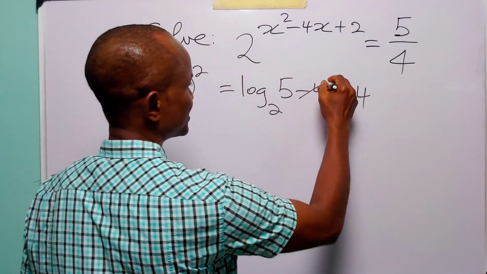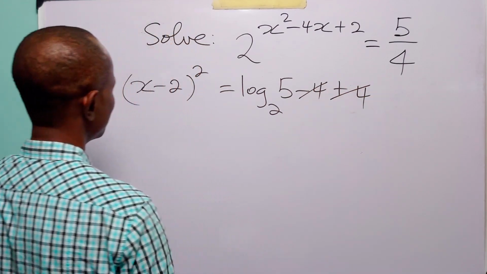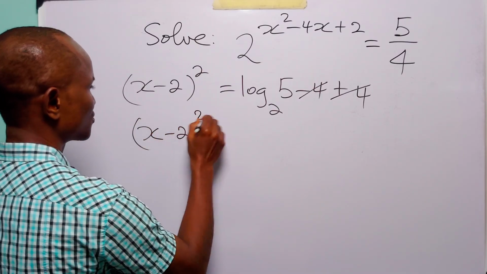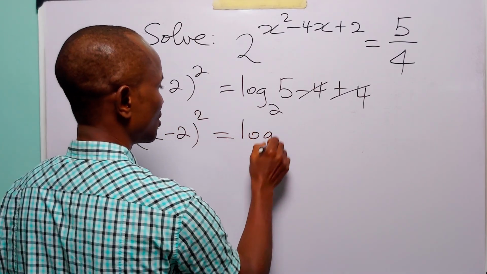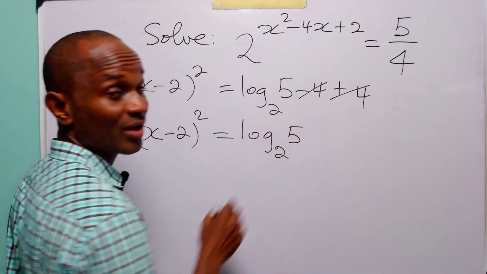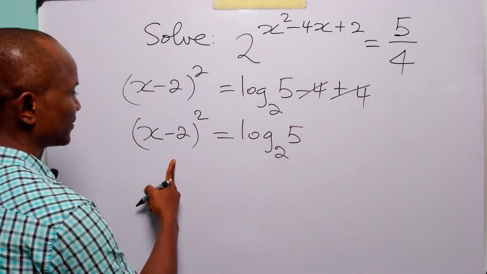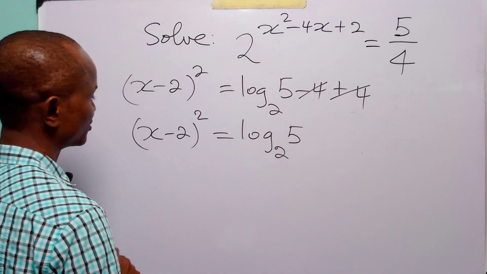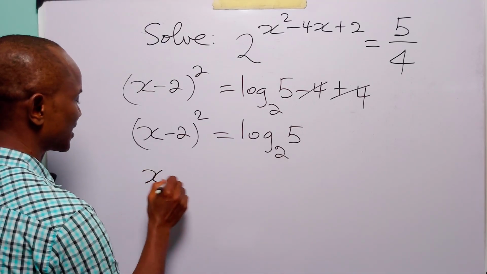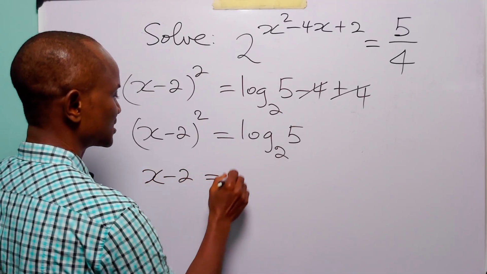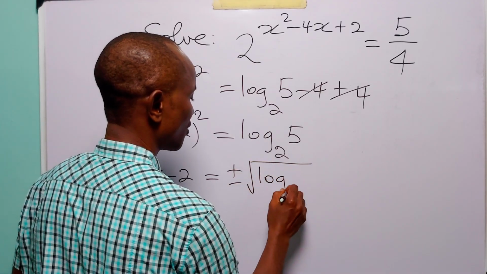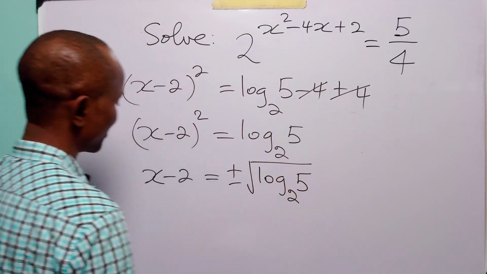This is going to take care of that, leaving us with x minus 2 squared is equal to log to base 2 of 5. Now, the next thing we are going to do is to take the square root of both sides of this equation. When we do that, we have that x minus 2 is equal to plus or minus the square root of log to base 2 of 5.